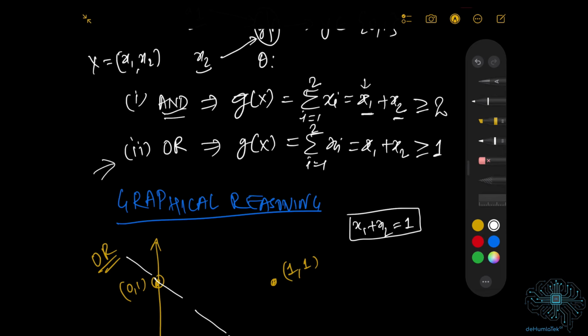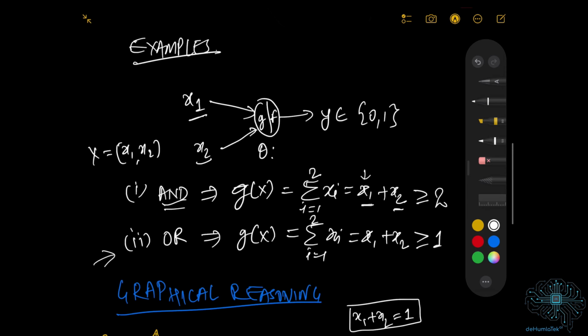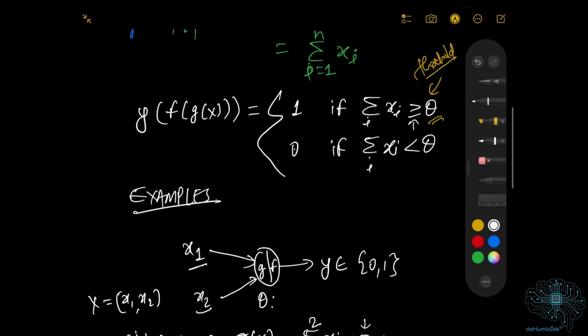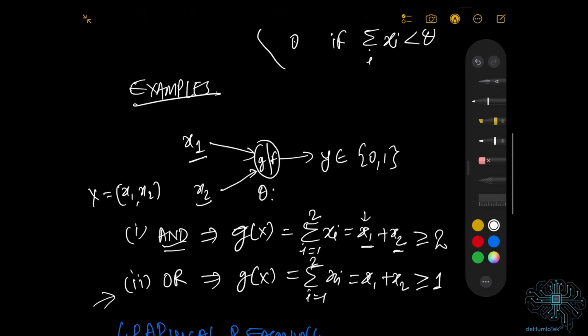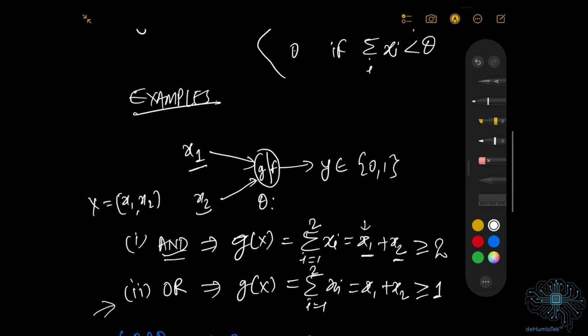So from this equation, when x1 plus x2 is greater than 1, in those cases our neuron will fire, meaning our output will be 1.